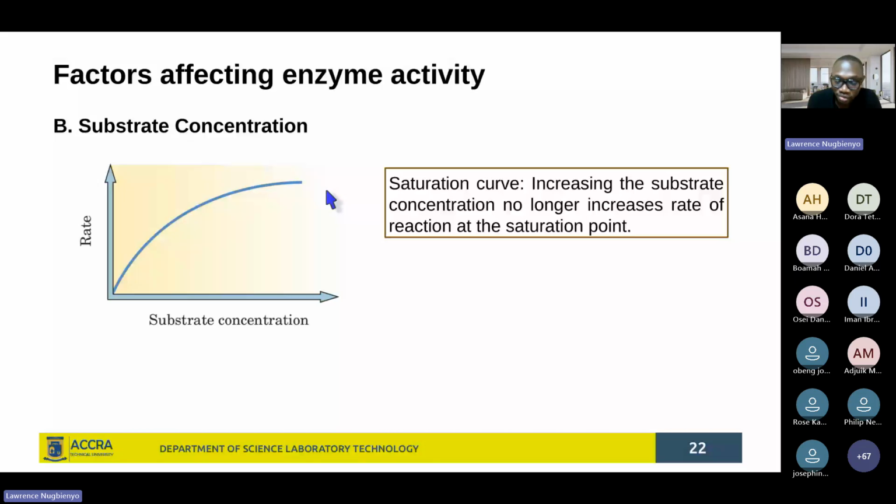All of them are going to be occupied with substrate molecules that they will be acting on. That will be the maximum rate of the reaction that you can reach. When you continue to add more substrates, it will not bring about any change because there are no more enzyme molecules to be acting on extra substrate molecules.